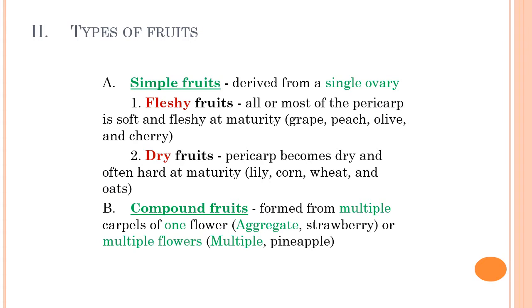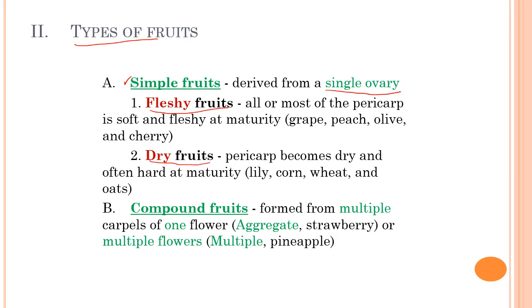Based on this definition, there are so many different kinds of fruits, so we divide the fruits into different types. Let's start with simple fruits. Simple fruit is just one fruit coming from a single ovary, but they can be fleshy, meaning soft, or they can be dry.